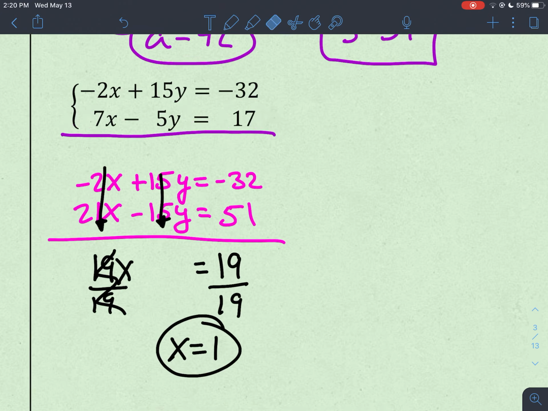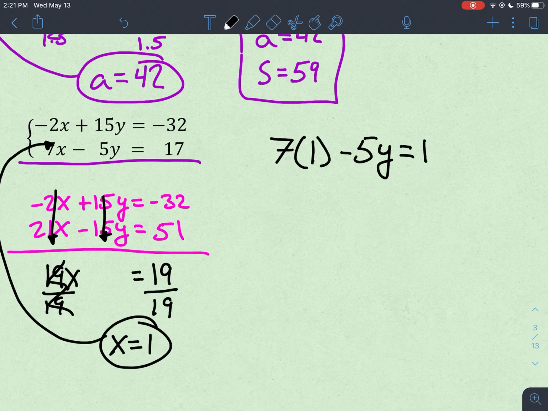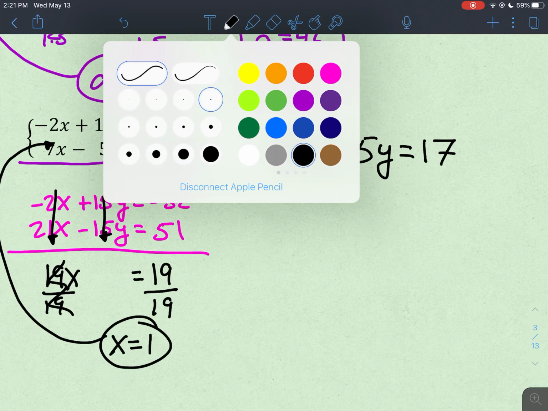Now, we need to find out what y is, so let's go back up to one of the original equations where we plug in for x. Which one is going to be easiest? It doesn't look like it makes a big difference, but let's put it in the bottom one. So I'm going to plug in 1 for x in the bottom one. I have 7 times 1 minus 5y equals 17.